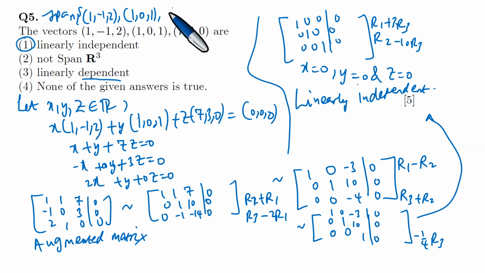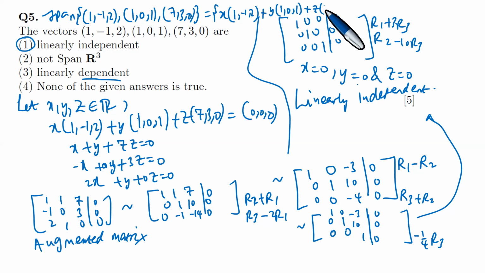If they ask you to find the span of this, it means that you can take x and multiply the first one, y multiply the second one, z times the third one. It just means linear combinations like this. And then you have x, y, and z.